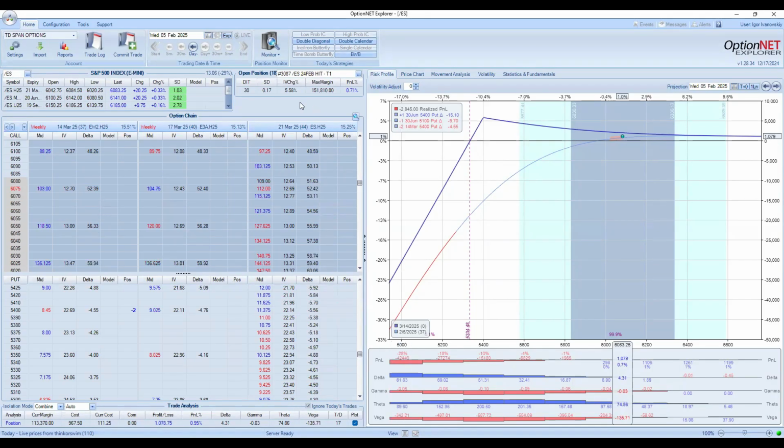And if you are curious to see what happened to this trade from the start, this is trade ID 3087.